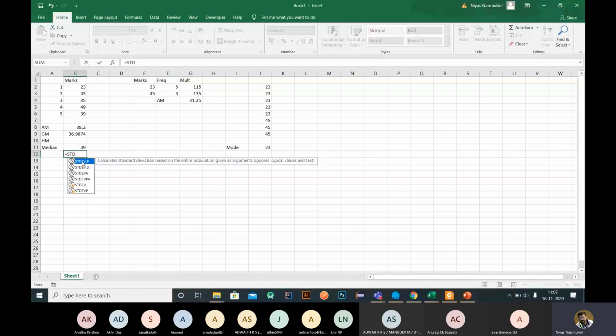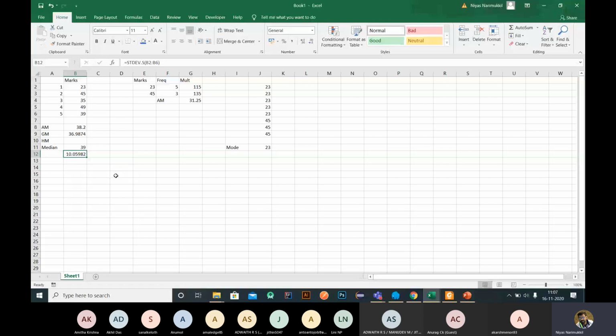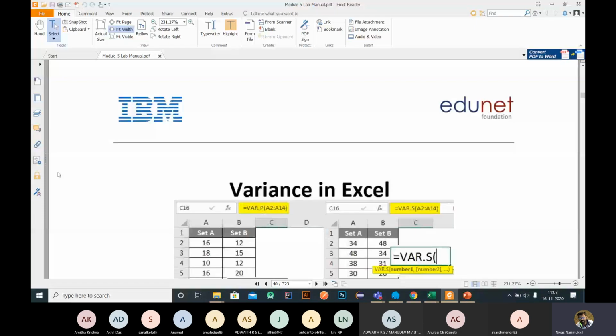If you find the standard deviation of this data, this is the standard deviation, 10.05982. Or we can directly use this formula to find the standard deviation.